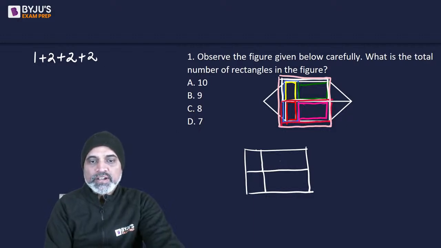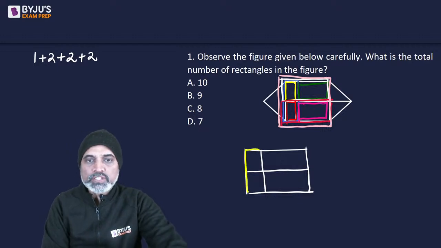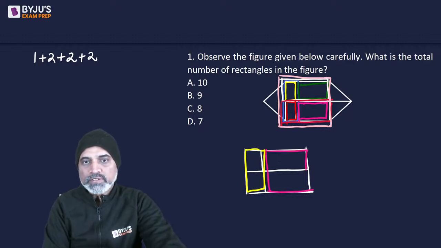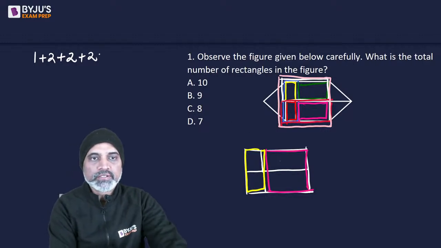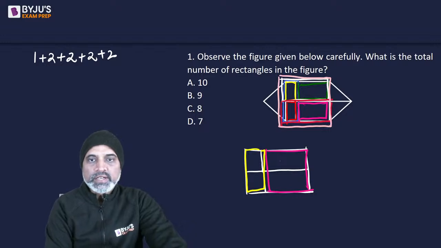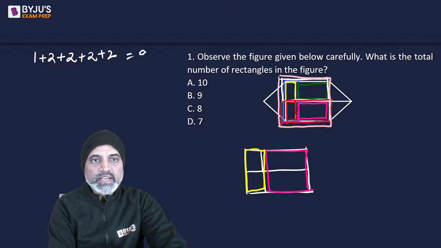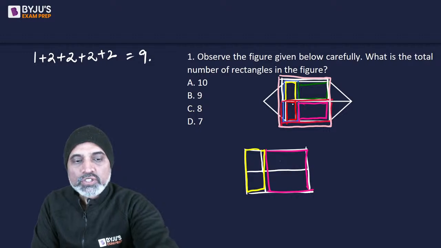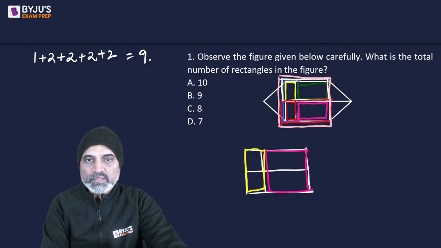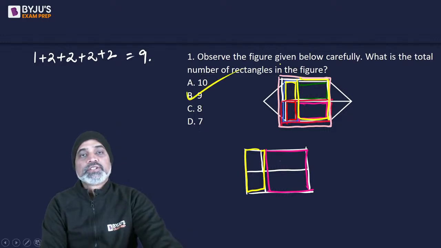Then I will have one rectangle, which is going to be this vertical one, and I'll be getting a rectangle which will be this vertical one. So I get 2 more here, so this is going to end in 9 rectangles. So the missing rectangle over here is this one, the 9th one.